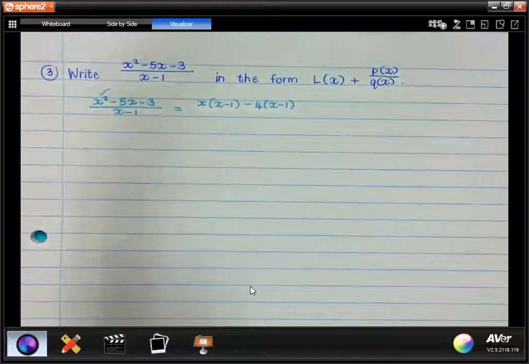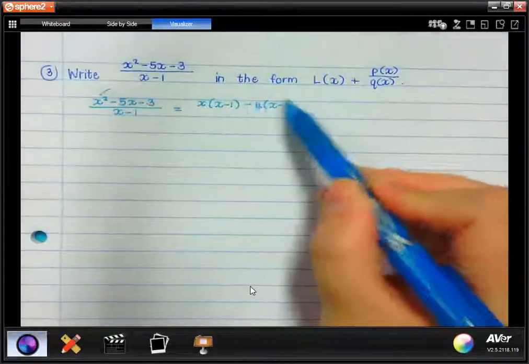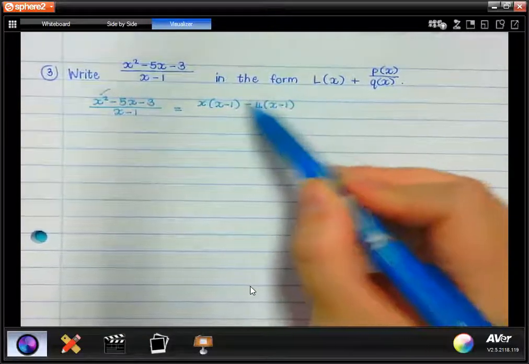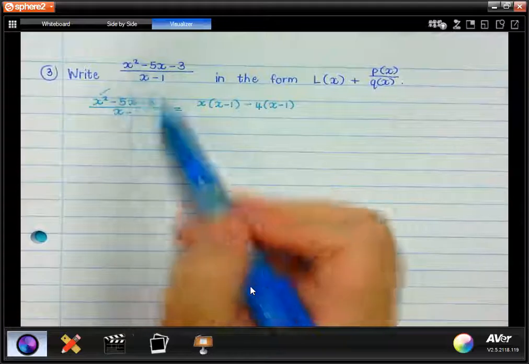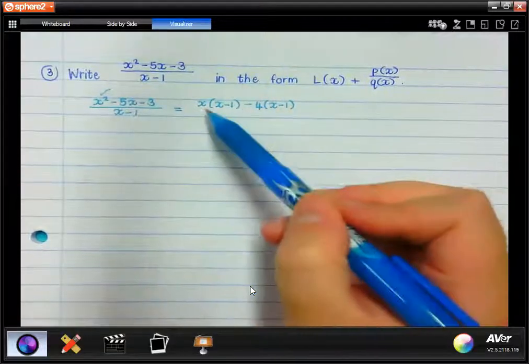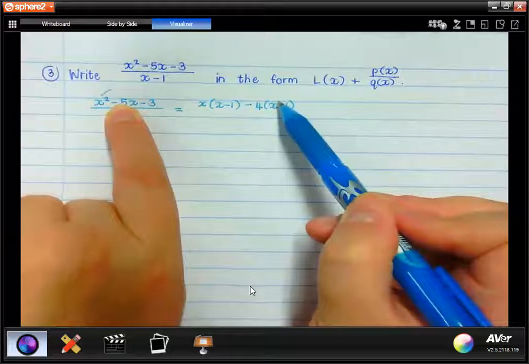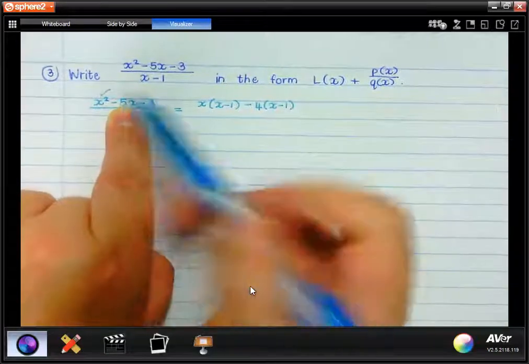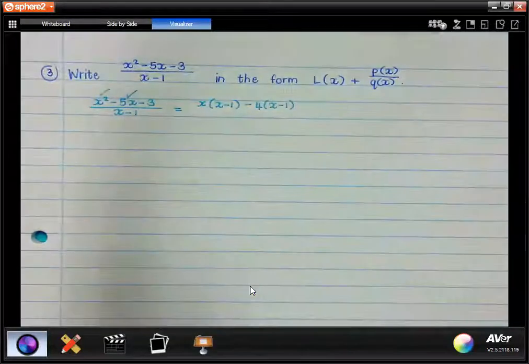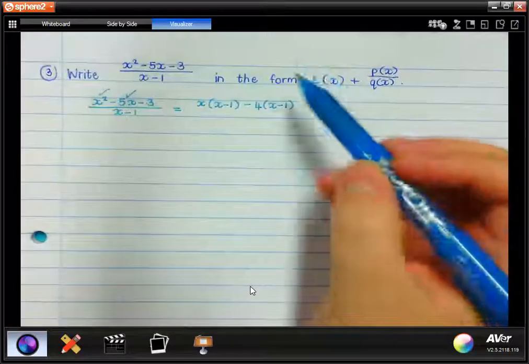I actually need to do negative 4 times the bracket, like this. Now is my x term sorted? Let's just double check. We have x times negative 1 is negative x, and then we have negative 4x, which does give me negative 5x. That's what I meant by saying you can do ticks once you're certain that one is fine.